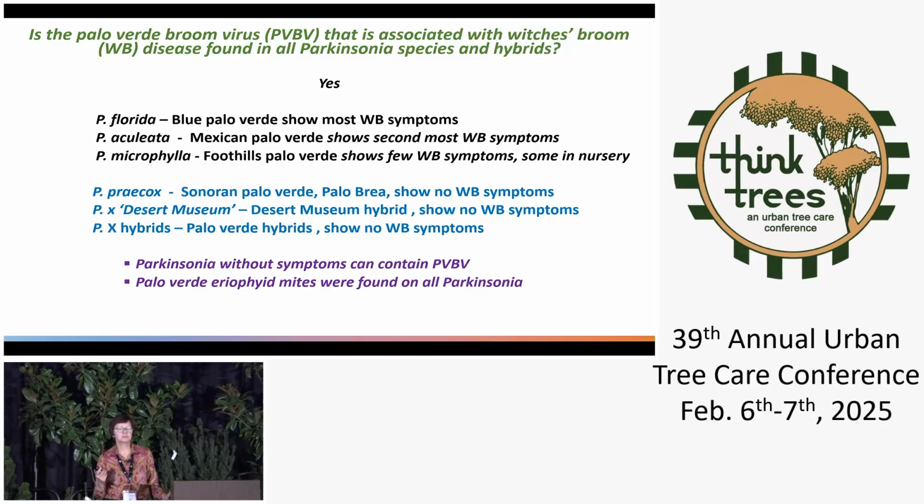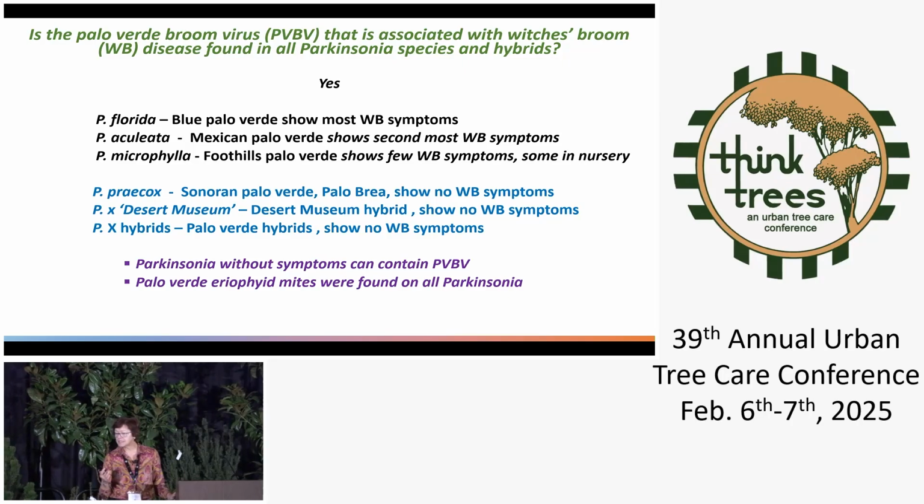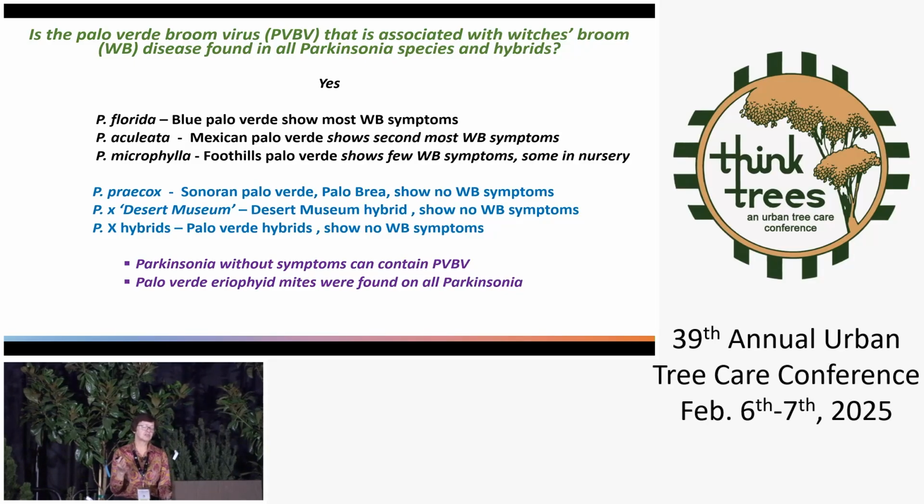Most of those symptoms I have seen in nurseries, and that's good because then they can get rid of those trees. But the sad news is pretty much the virus was found in all of the species. And then the Sonoran palo verde, the Desert Museum hybrid, and some other palo verde hybrids, they never show any symptoms at all, but they all can be positive. And so it's pretty concerning.